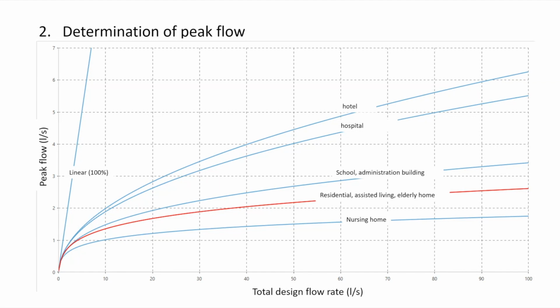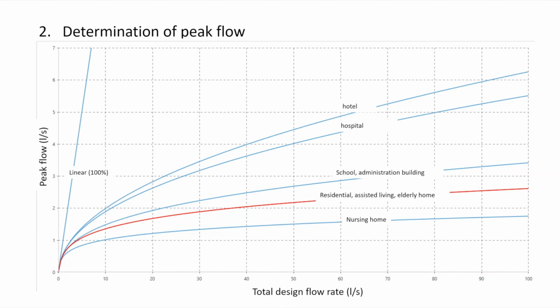You can see we have the lowest simultaneous use in a nursing home. The second one, the red one, that's the one I have used for our 45 apartment building, is the residential or for assisted living or elderly home. The third one is for school and administration building. And the two highest curves are for hospital and hotel.